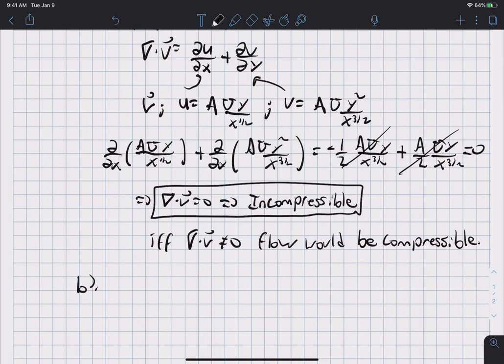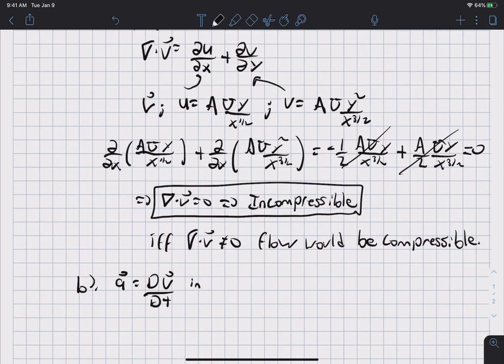And for part B, we were to find the acceleration at a specific point. So first, recall that in an Eulerian representation of a fluid flow, the acceleration vector is given by the substantial derivative of the velocity vector. Okay, and so that's cap D v dt.